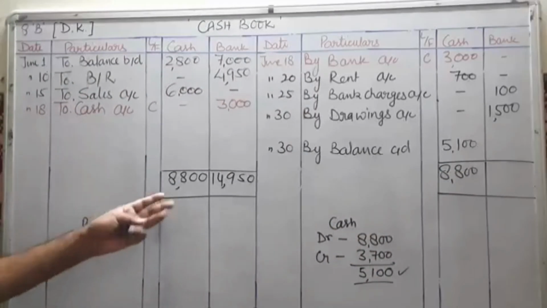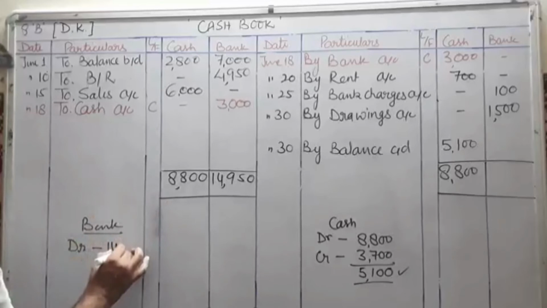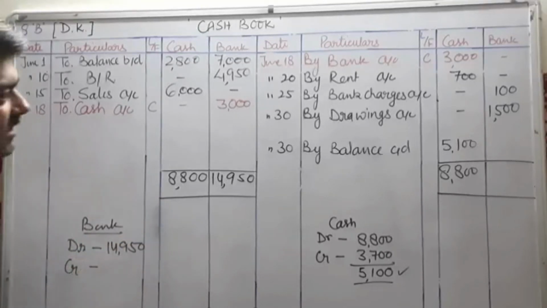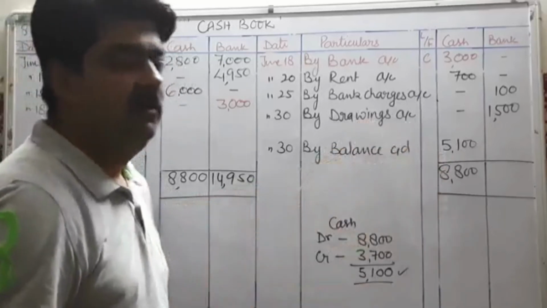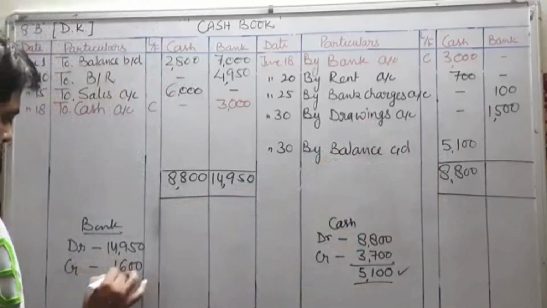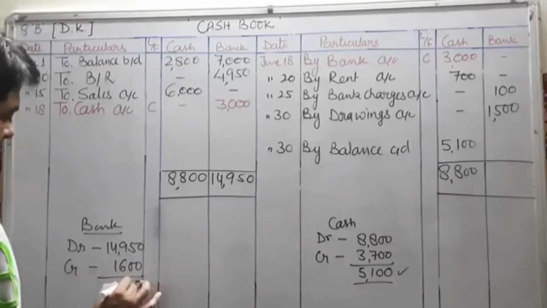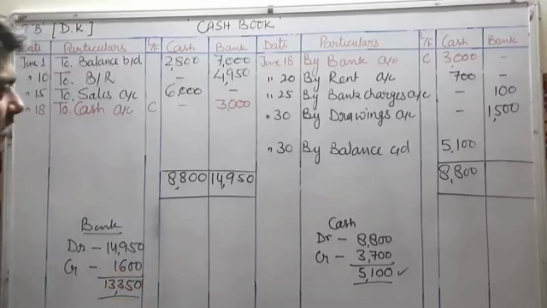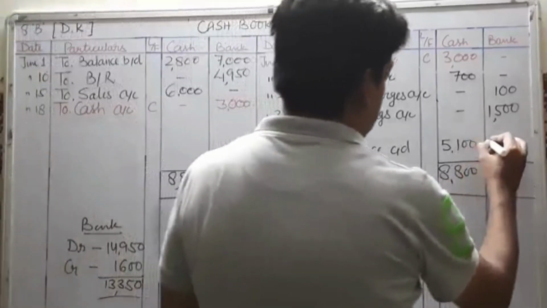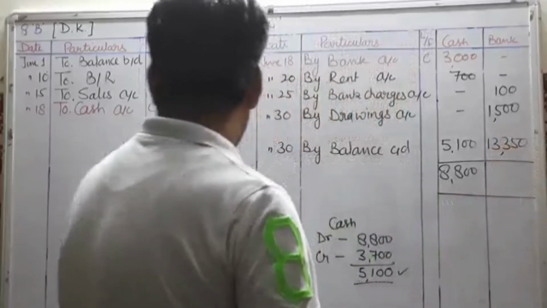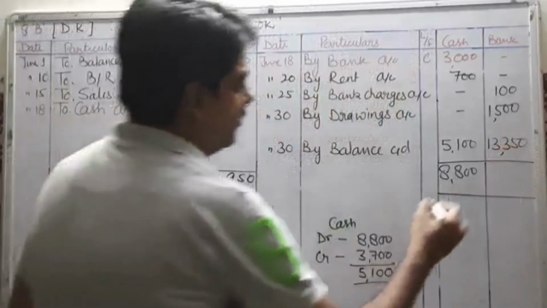Total of debit side is 14,950. Now I will take total of credit side, and that is 1,600. So 14,950 minus 1,600 is 13,350. So 13,350 will be closing balance of bank, and total is 14,950.